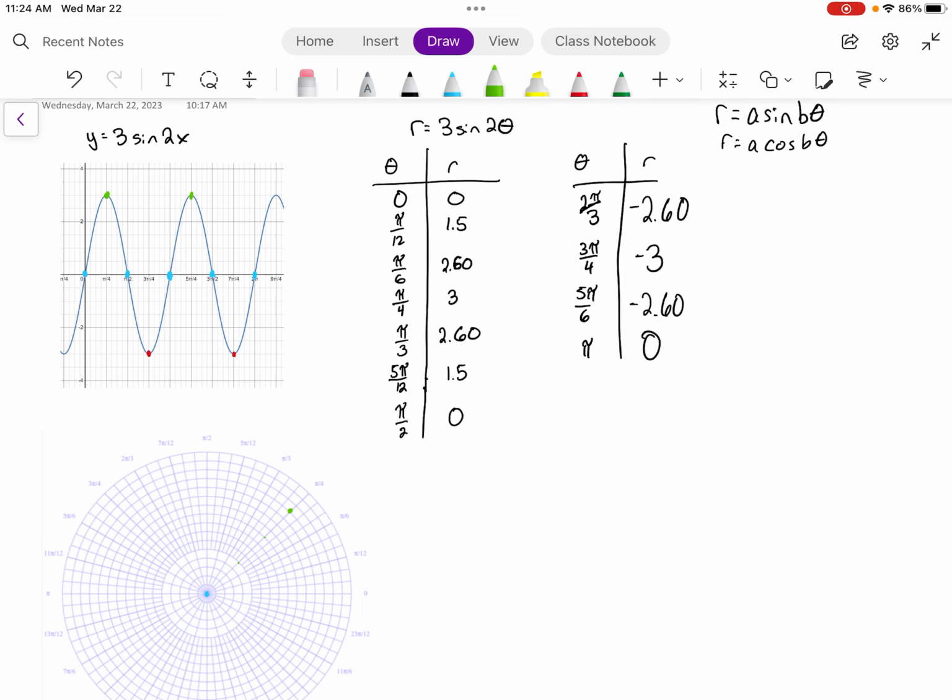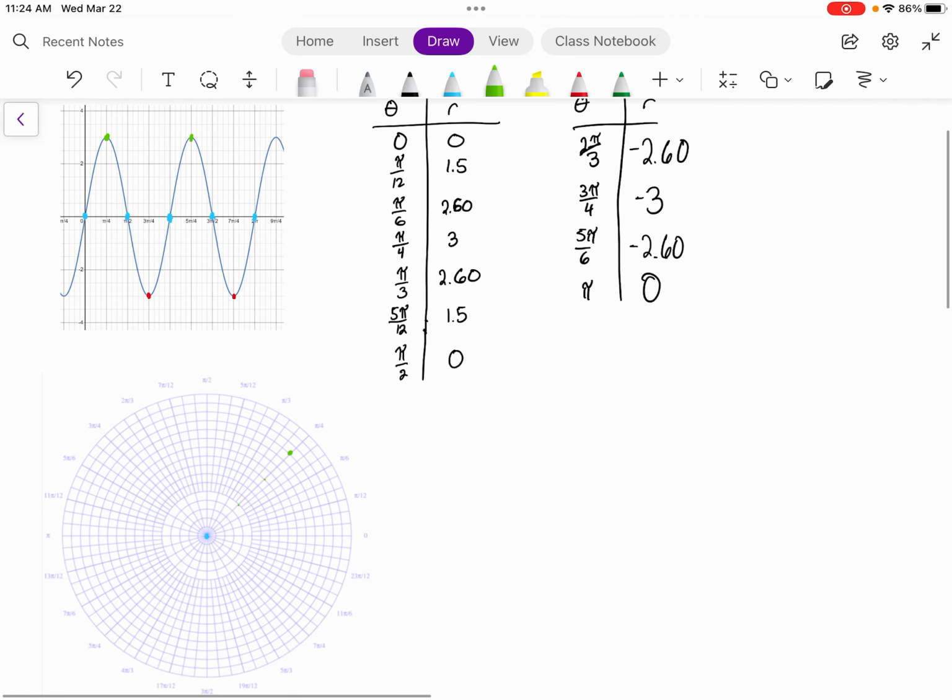When we have the t-charts here, it just feels like the theta should be x and the r should be y, but that's really 3 comma pi over 4. That's 1, 2, 3, let's say. And the other guy would be 3 comma 5 pi over 4. So that's maybe way out here.